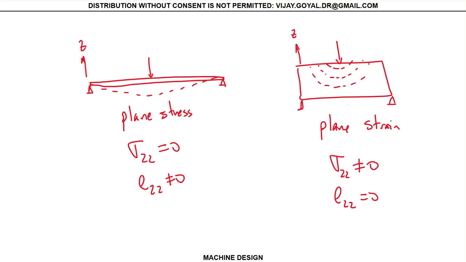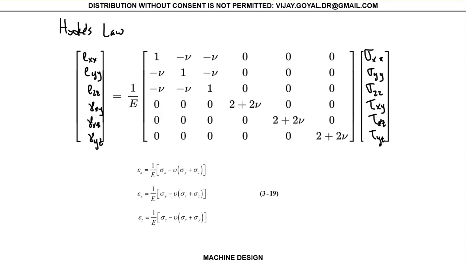So what do the equations look like? First of all, let's start with the general case. You may want to pause this video and take notes of this. This is a very nice, convenient form of writing this in a matrix form, and it comes from equation 3.19 of your textbook, just written in a matrix form.